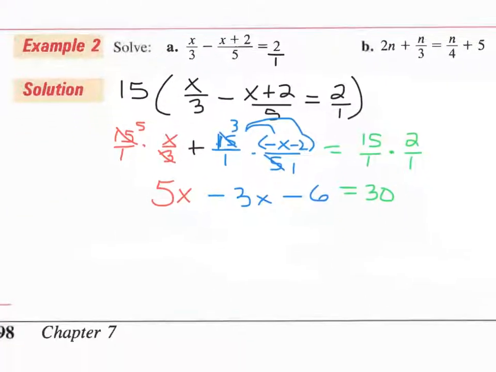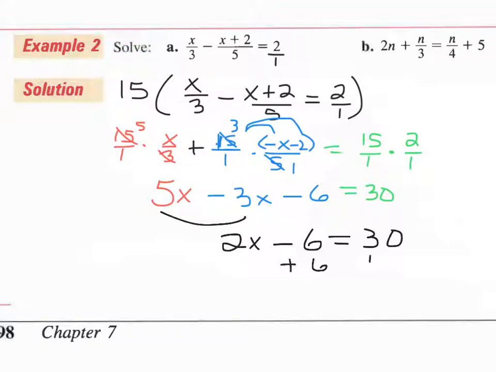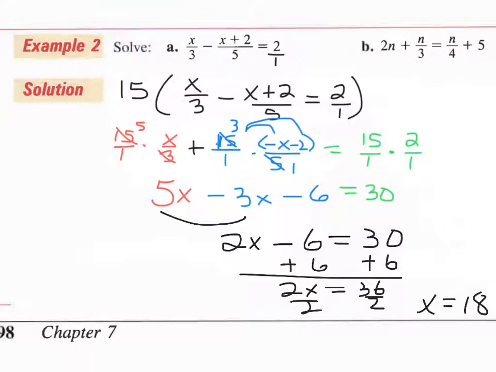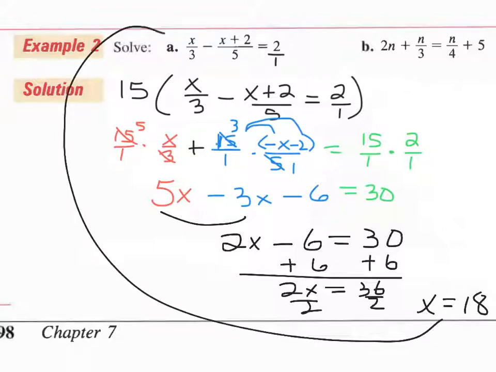Now I can group my like terms and solve my equation. So I'll group these two, gives me 2x. I'll now solve the two-step by adding the 6 first, and then dividing by 2. And x equals 18. Again, remember, on all of these, to check your answers, you can plug it back in to the very beginning.